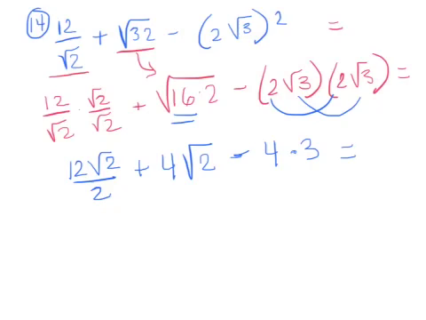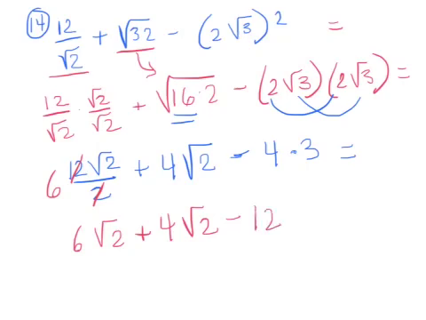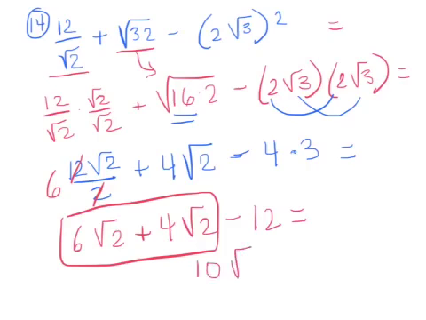So let's simplify a little more. 12 over 2 is 6, so I'm going to get 6 radical 2 plus 4 radical 2 minus 4 times 3, which is 12. And then I'm just going to combine these. I'm going to get 10 radical 2 minus 12. And there is our simplified answer.